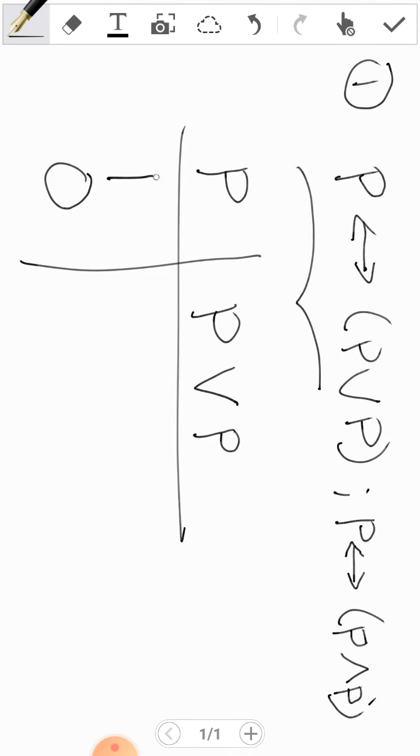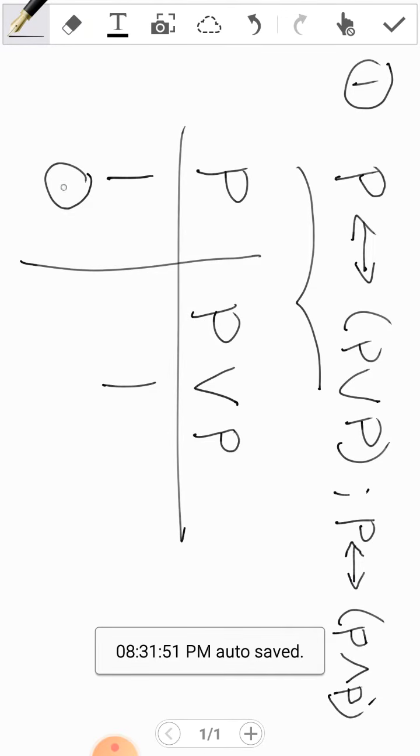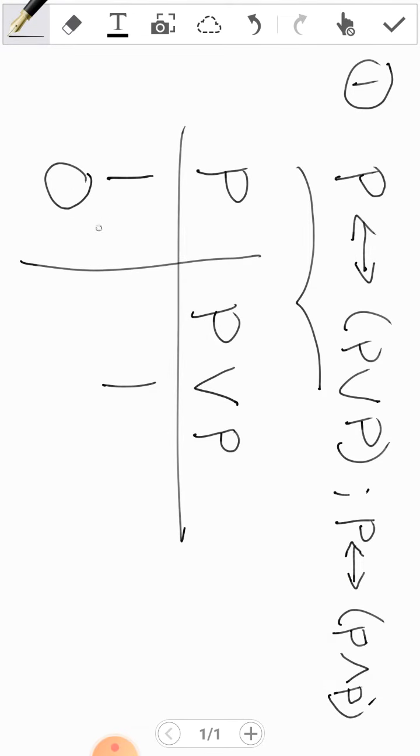P or P: 1 or 1 must be 1. 0 or 0, false or false, must be false. So you will see clearly that P is logically equivalent to P or P.